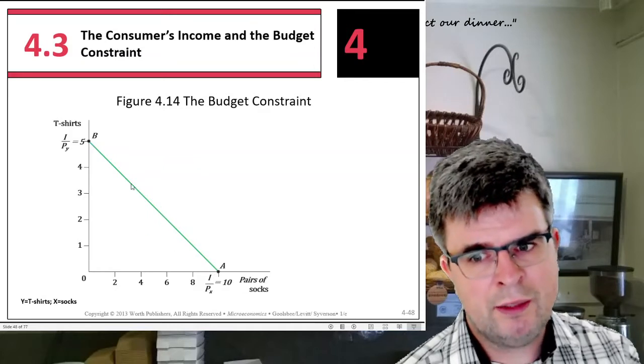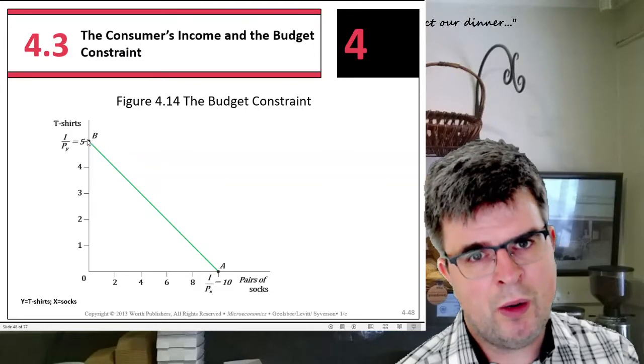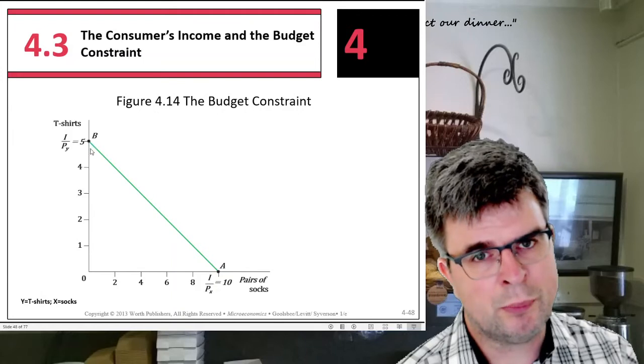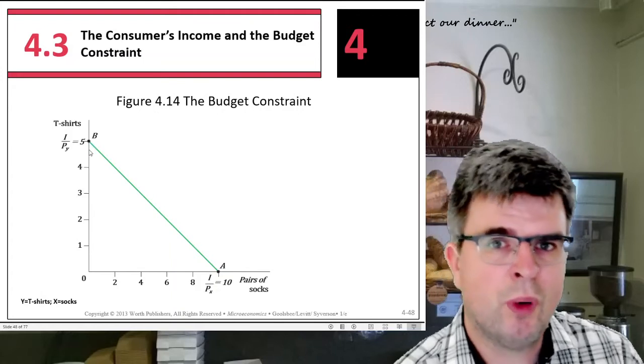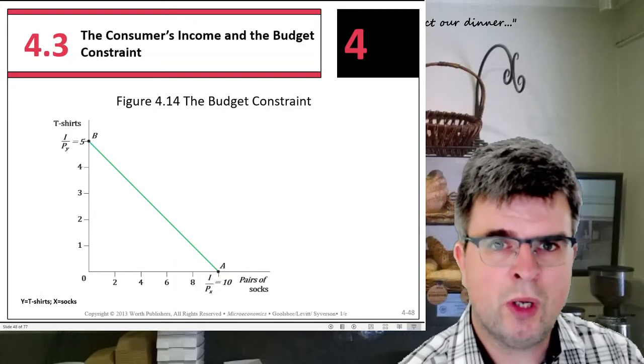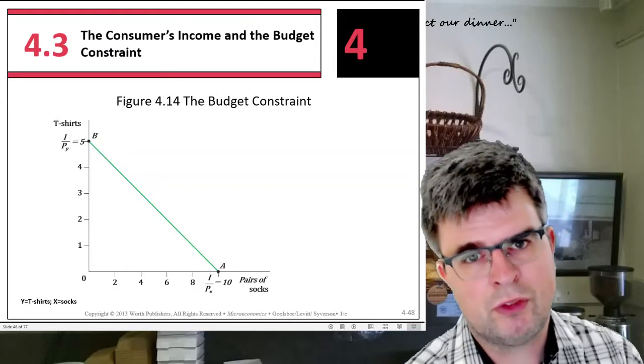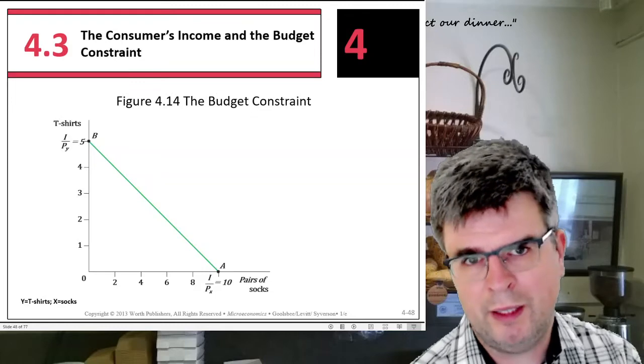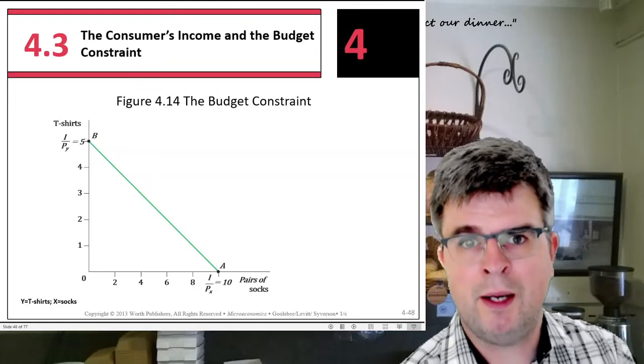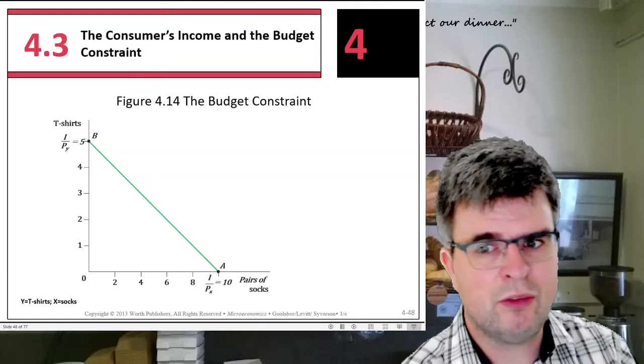And the budget line tells you which consumption bundles the consumer can afford. Whereas before we talked about the wants of the consumer, which consumption bundles the consumer would ideally want to buy. And this is really what he can buy. And of course, we now need to connect the two.